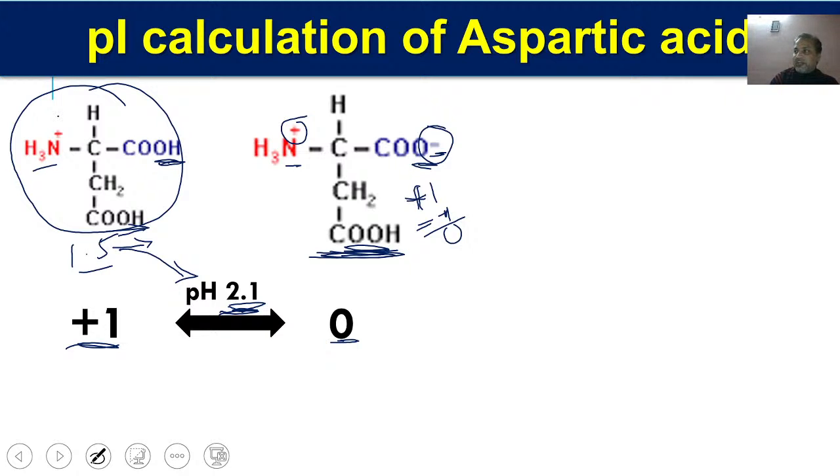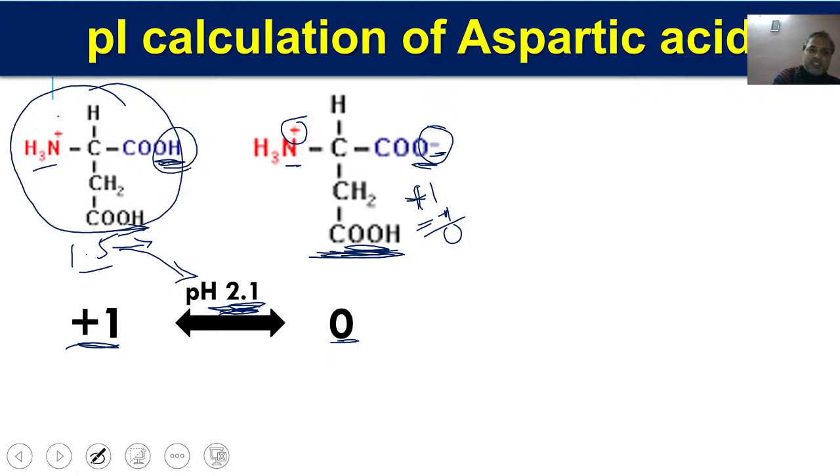We have taken the amino acid at a pH less than 2.1, so any pH, either 1.5, 2, 1.8 or 1, any pH less than 2.1. At that pH, your amino acid will be in its most protonated form, meaning it has the maximum protons.